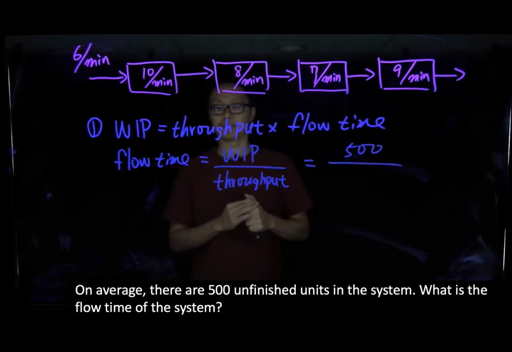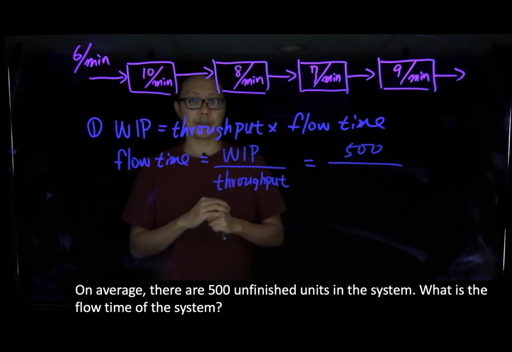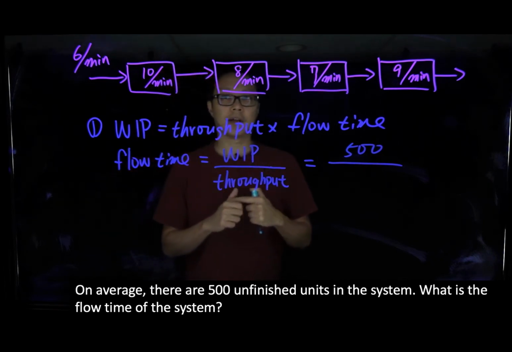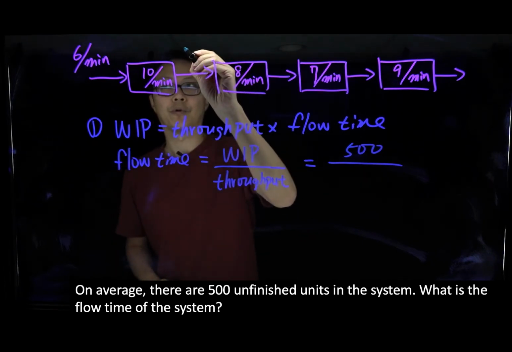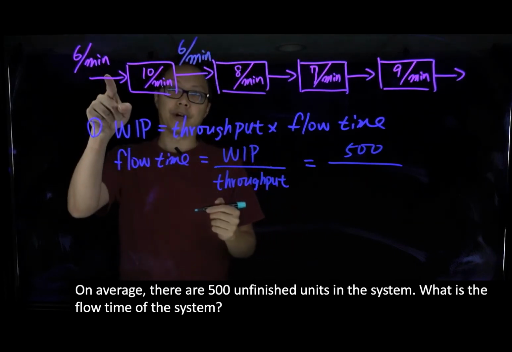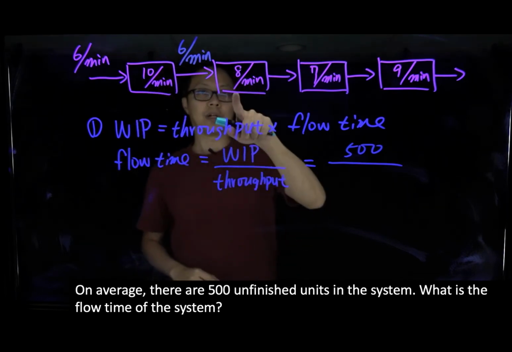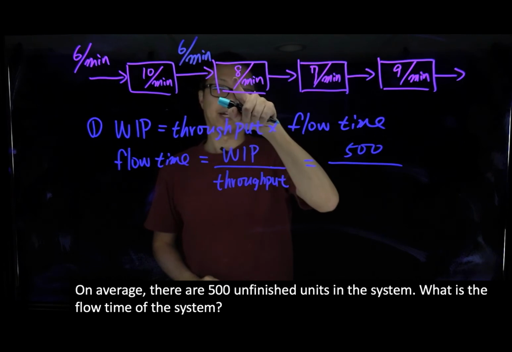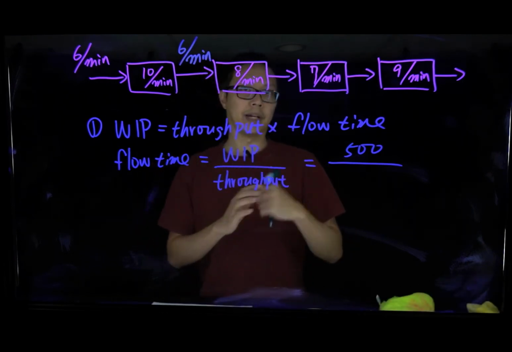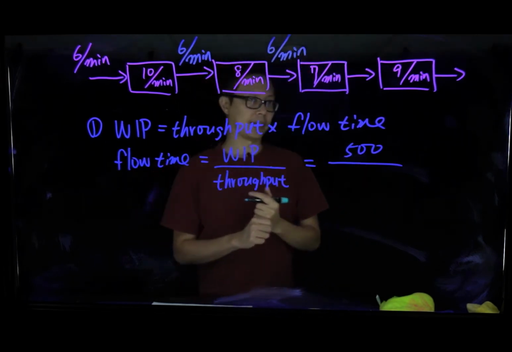How about the throughput? We know the items will go into the system at a rate of 6 per minute. Since the first station can process 10 units per minute, the output will still remain 6 per minute because the input rate is slower than the process rate. Similarly, 6 per minute goes into the second station, but the second station can process 8 per minute, so the rate will still remain 6 per minute.